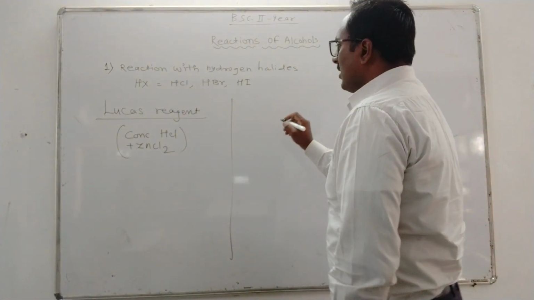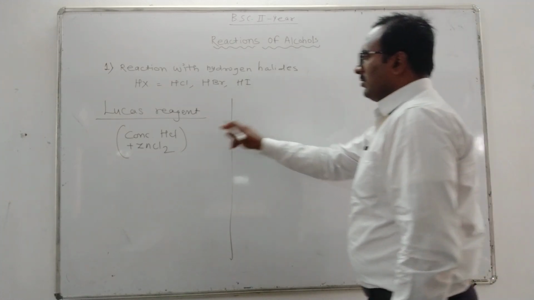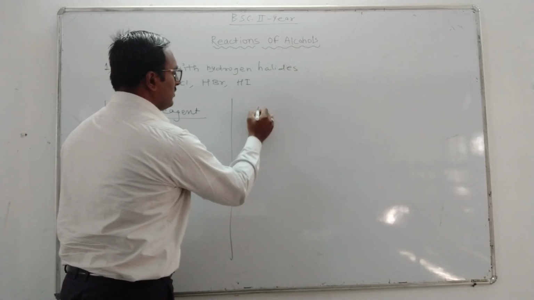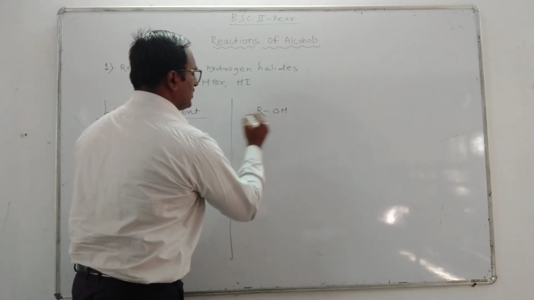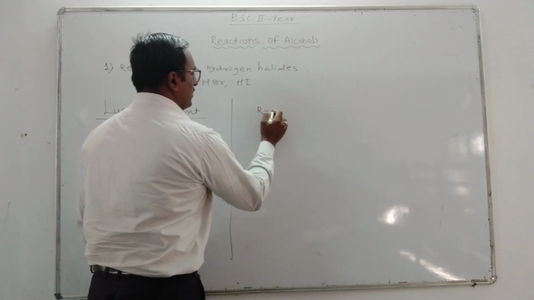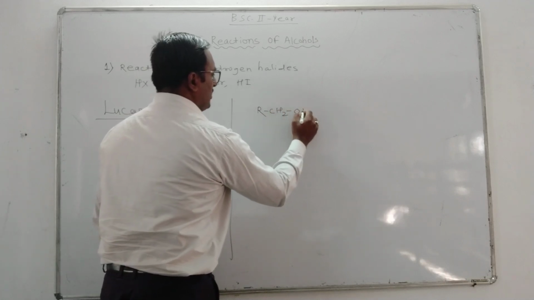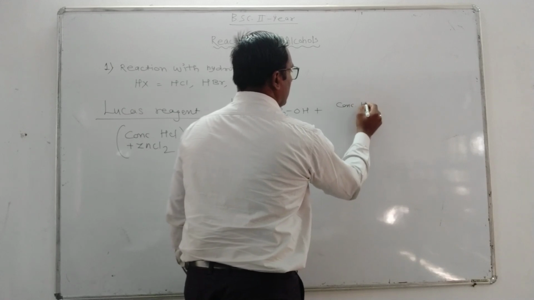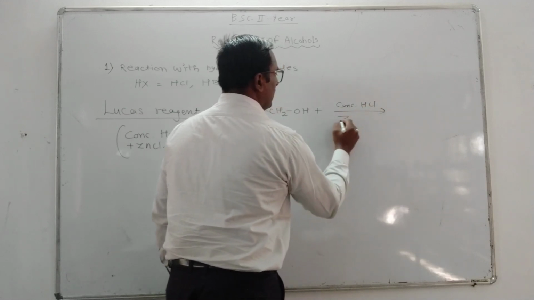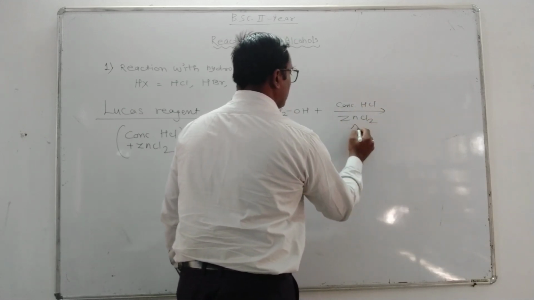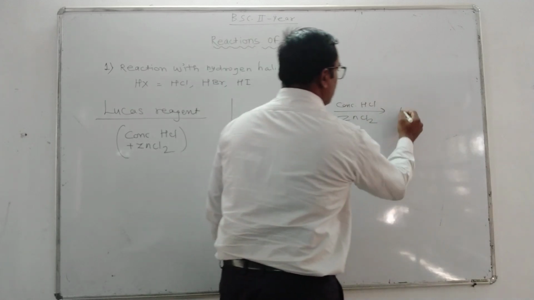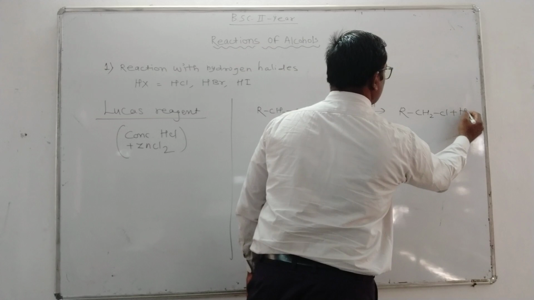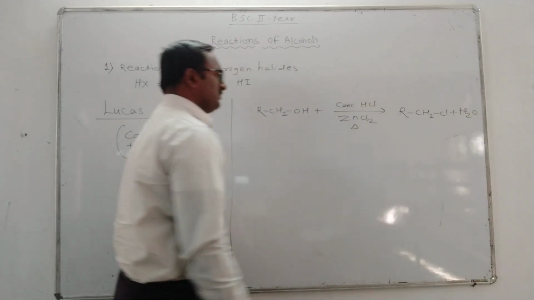If primary alcohol reacts with Lucas reagent, we write the reaction: primary alcohol RCH2OH plus concentrated HCl and anhydrous ZnCl2 on heating gives alkyl halide RCH2Cl plus H2O.